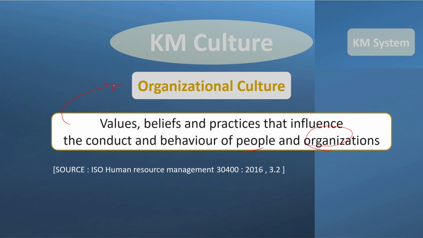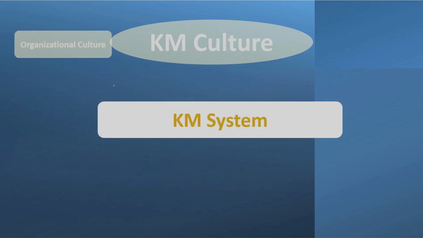So all the intangible things in our organization, the values, the beliefs, the way we think, the way we practice, the way we respect and conduct ourselves among the people, among the colleagues, among the employees, is organizational culture.